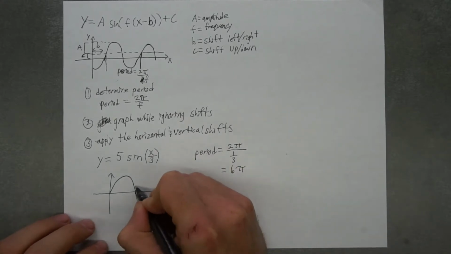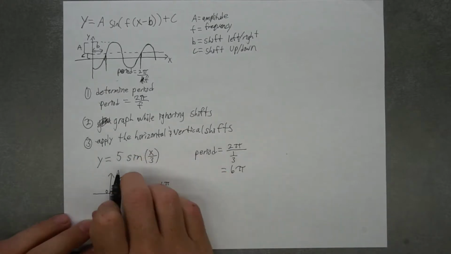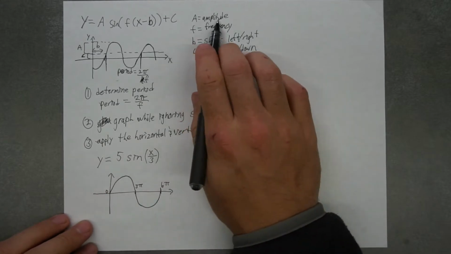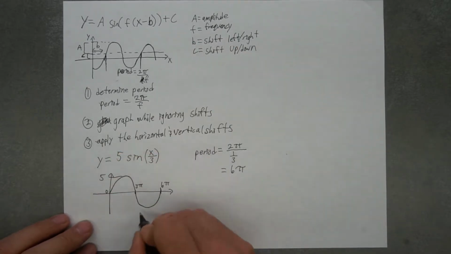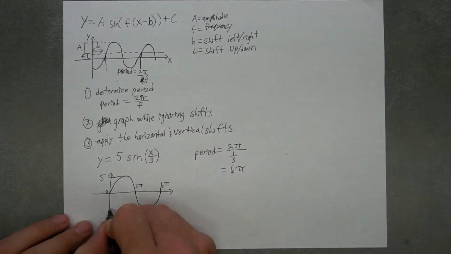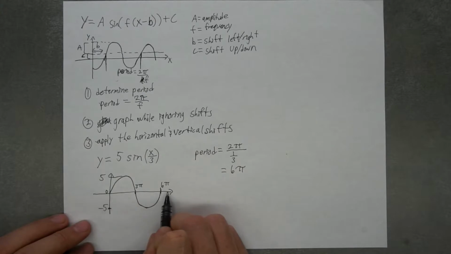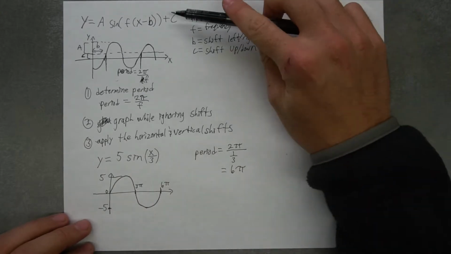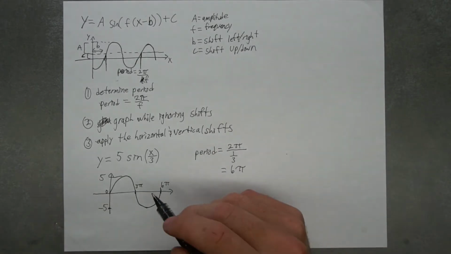Half a period is going to be 3 pi, and it starts at 0. This number out front is our amplitude. So our amplitude is going to go from positive 5, and our lowest point is going to be at negative 5. Our center is at 0. The reason our center is at 0 is because our c value here is 0, so it's not shifted up and down at all.